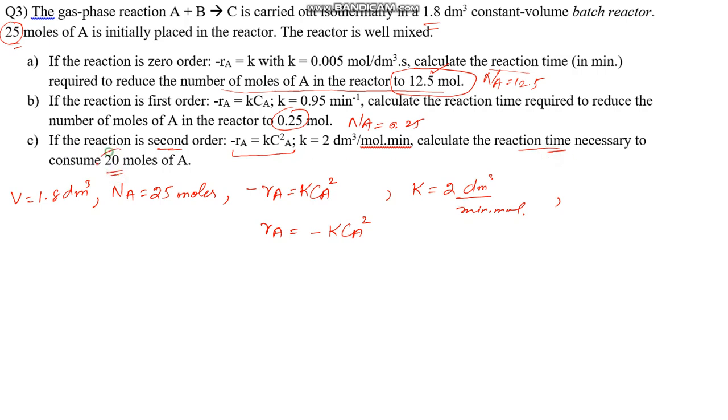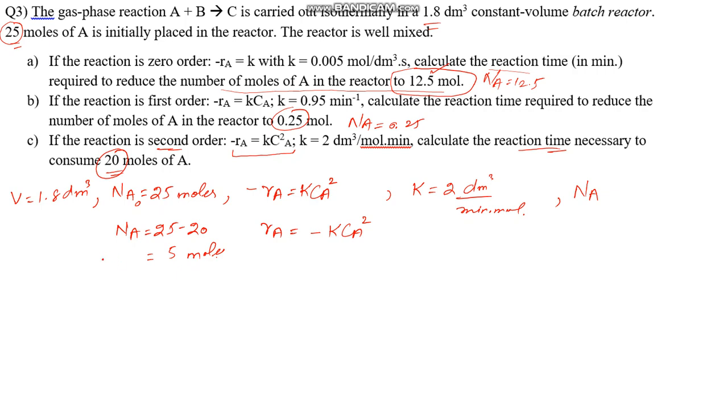If 25 moles are initial and 20 moles are consumed, how many moles will be left? I am writing Na naught as 25, and it will be 5 moles. So Na will be 5 moles.